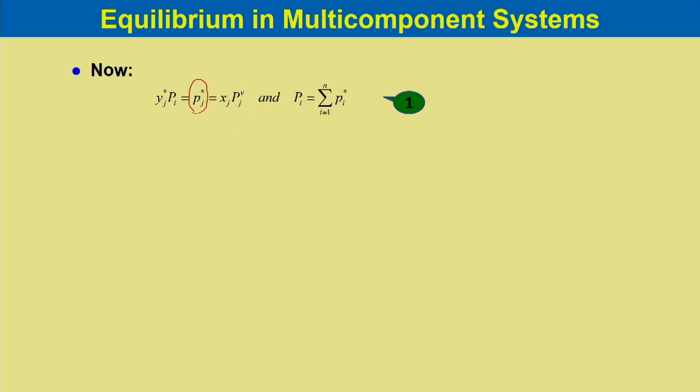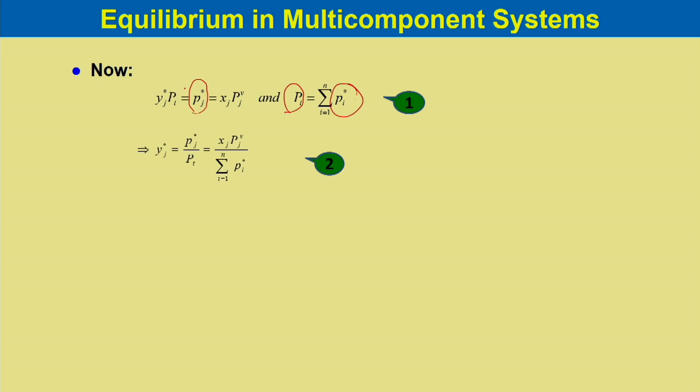Xj is the mole fraction of component J in the liquid phase and Pj^v is the vapor pressure of component J, and Pt we can write as summation over i = 1 to n of Pi*, that is, partial pressure of all the components. So, this is equation 1.